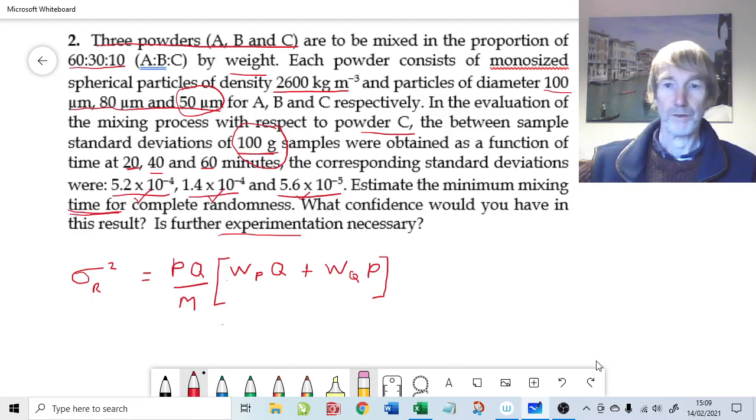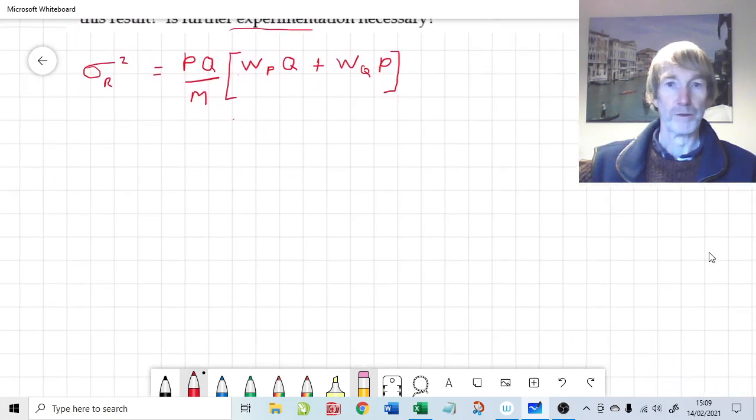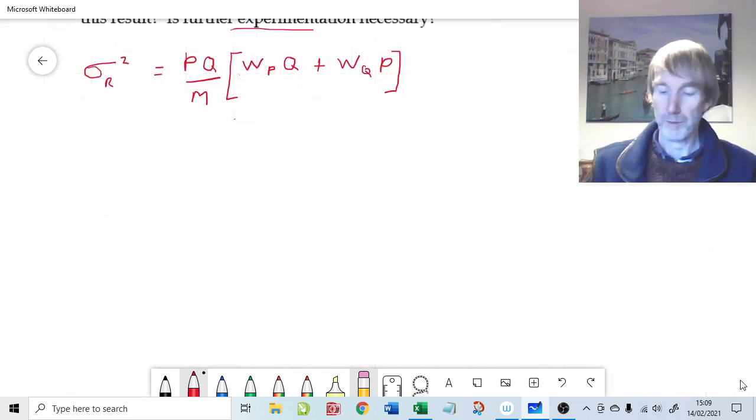Now we're told that these are mono-sized particles, so we can do a bit of tidying up before we start to do any calculations.